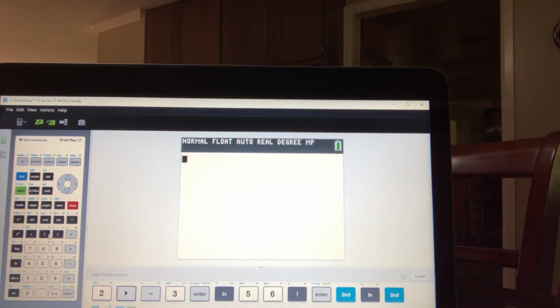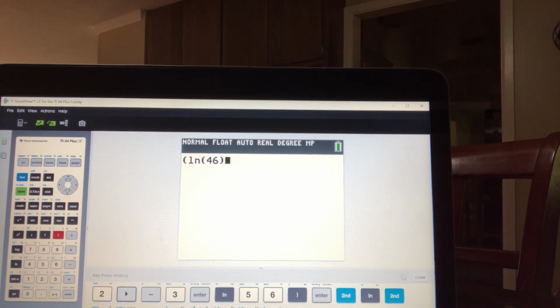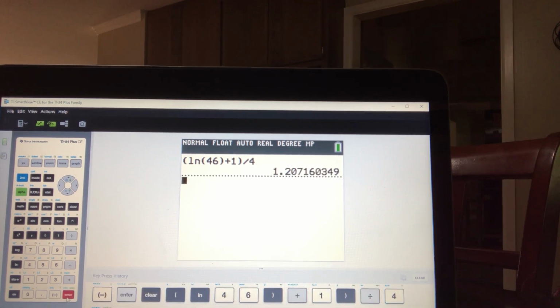So you would need to put a parentheses and then natural log 46, close the parentheses, then put the plus 1, close the parentheses, and then divide by 4. This would be how you could enter it all at one time and get 1.207 if you round it. The other option is you could figure out the natural log of 46.